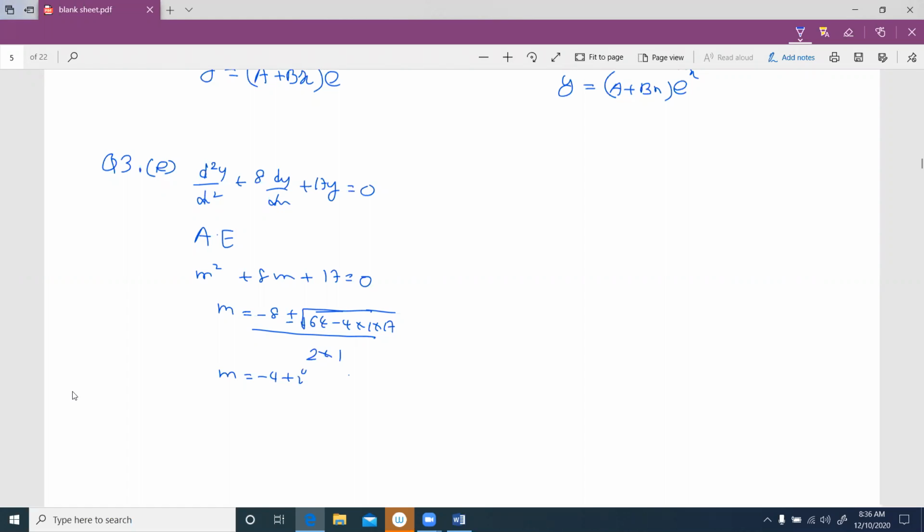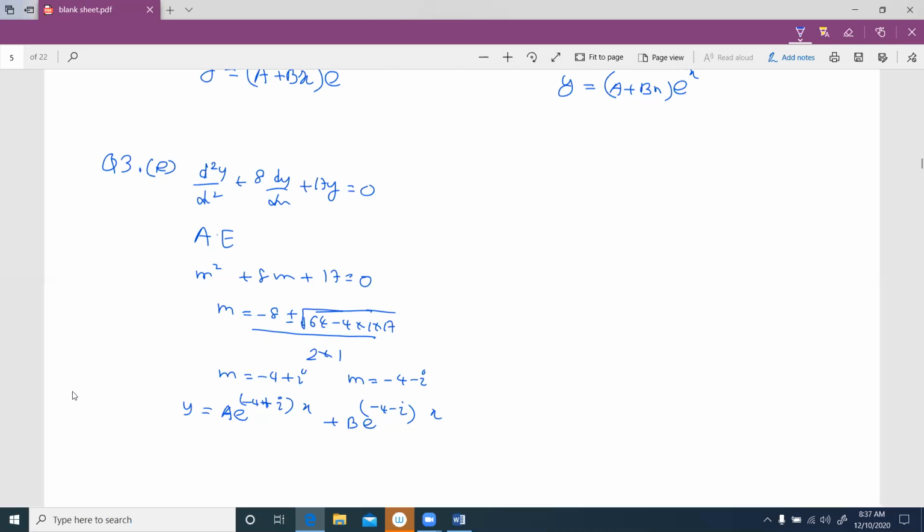The other one is m equals minus 4 minus i. So if you write the answer, there are two solutions. So you can write y equals a e to the power minus 4 plus i times x plus b times e to the power minus 4 minus i times x. So that is the answer you get.